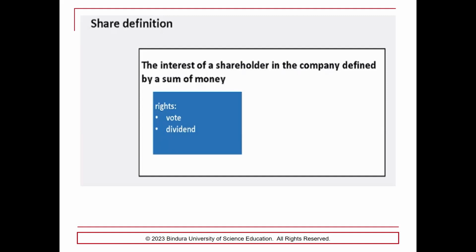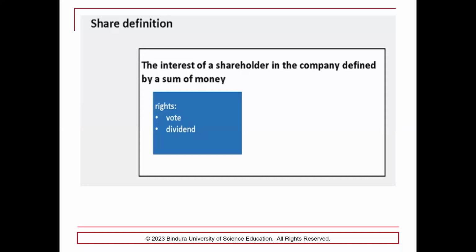So for example, if there are 100,000 shares, you would expect that 50,000 plus 1 shares are the ones that are going to make the decision. So for example, if you are voting on whether to buy a certain asset or not, and a person with 60,000 shares says yes, and the person with 40,000 shares says no, it means the person with 60,000 shares is the one who wins because he has the majority of the shares. So the shares themselves will give you voting rights, and the voting will determine the decisions that are going to be made within the business.